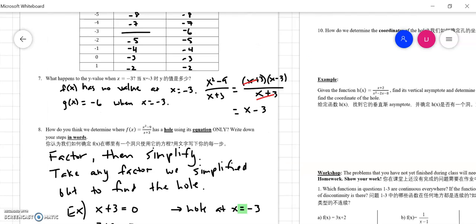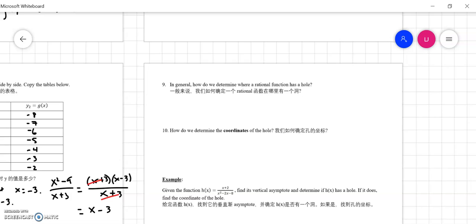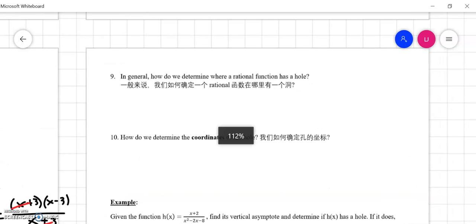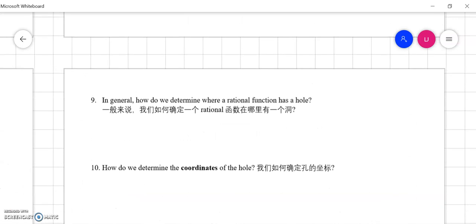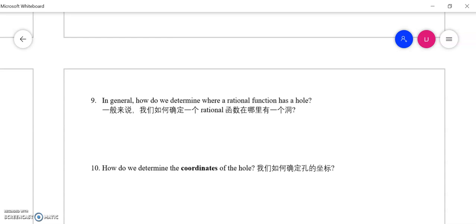So let's sum that up over here. In general, how do we determine where a rational function has a hole? Let's put that all together. So again, first step, factor, then simplify.